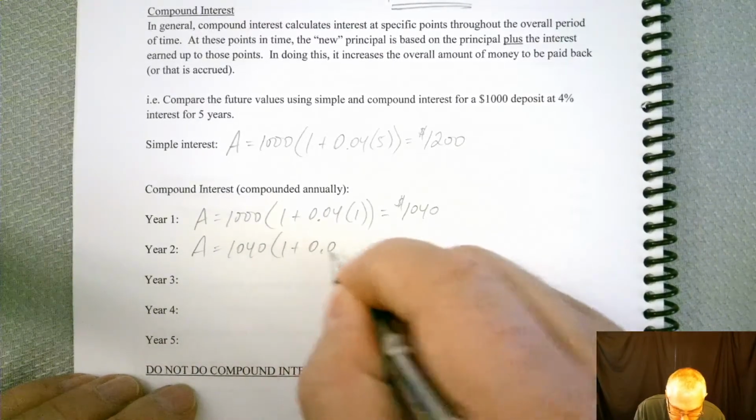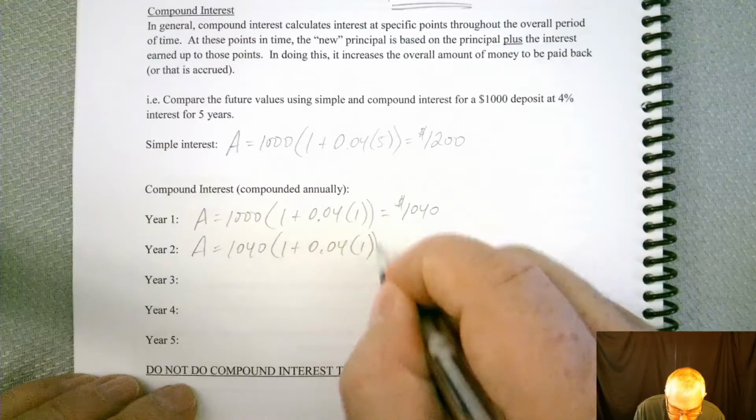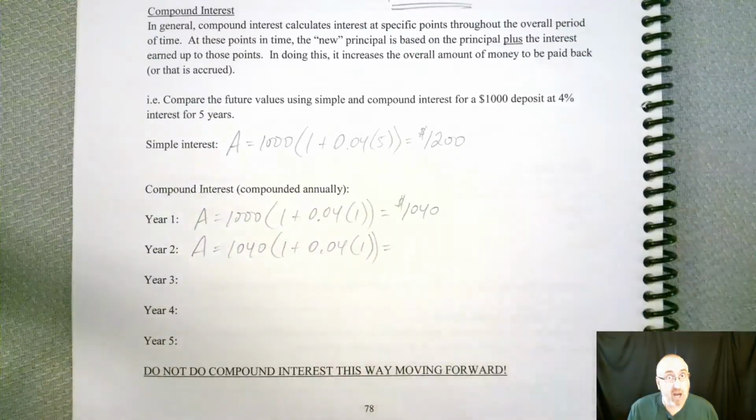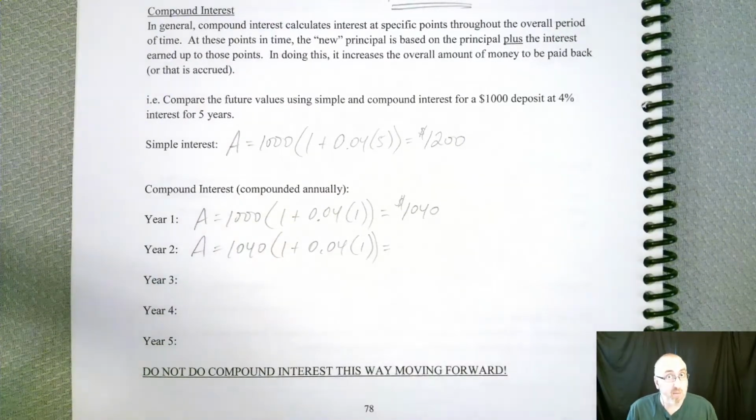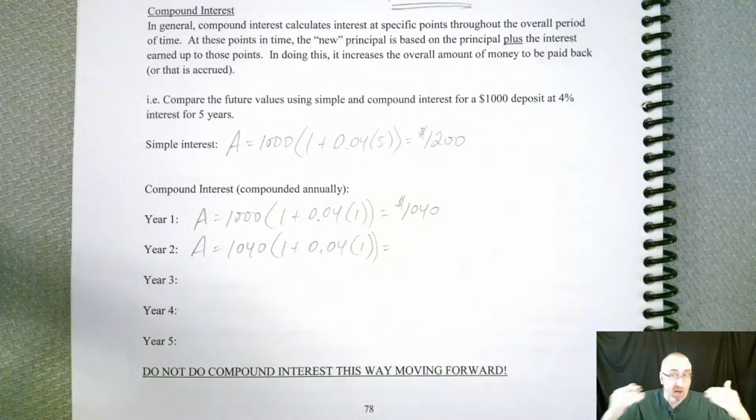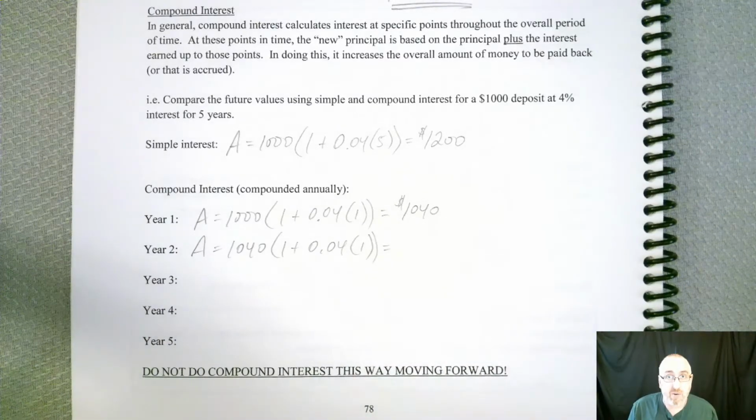Now, this can be a very lengthy process if you have a lot of years and a lot of compoundings. We're just doing it once per year, but we might compound it even more often than that. So that would mean a lot more individual calculations, which we don't want to do. So we're going to see how to do it a little bit faster in a second, but let's just keep going with this one.